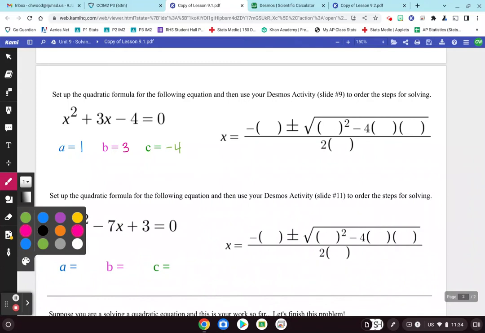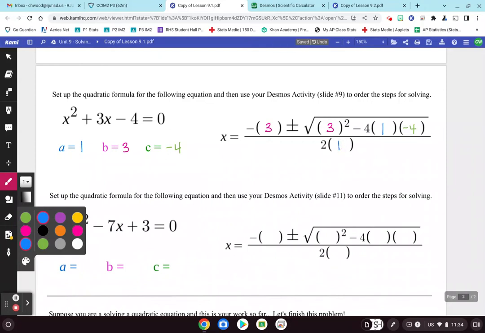So if it's on your notes page, you might need to flip back and forth, or you could have it open on your computer. But we've got -b, so the b goes here, plus or minus the square root of b squared, so 3 squared, minus 4 times a times c, all divided by 2a.